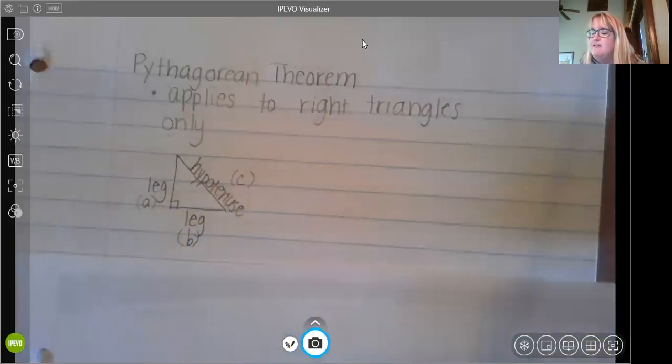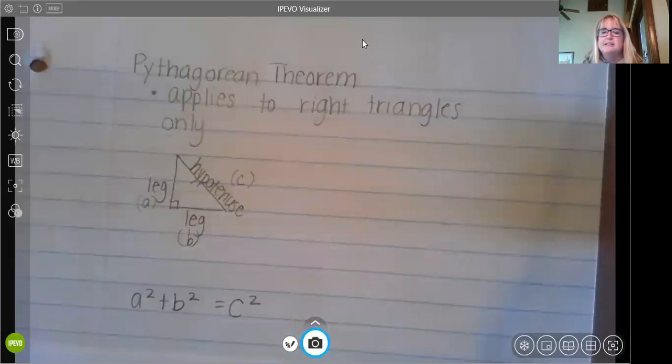And that relationship is a squared plus b squared equals c squared. What that means is if you take the length of one of the legs and square it, take the length of the other leg and square it and add them together, you will get the exact same number as if you had taken the length of the hypotenuse and squared it.